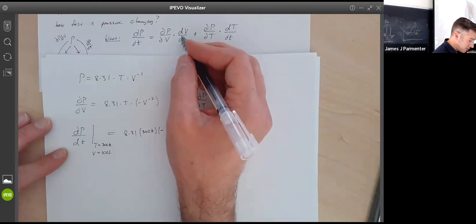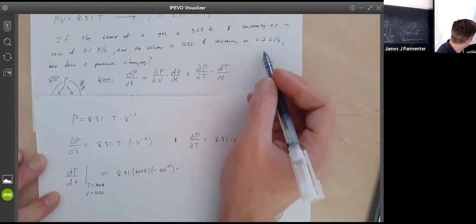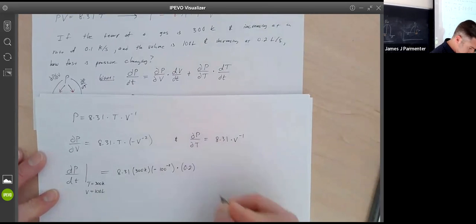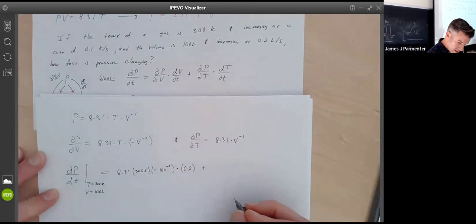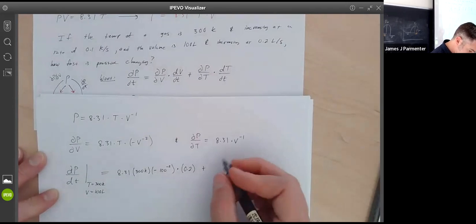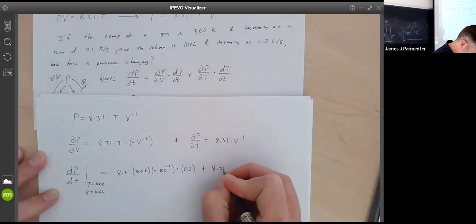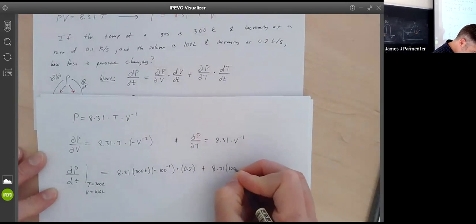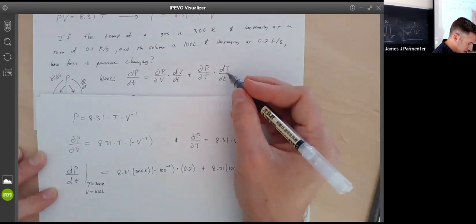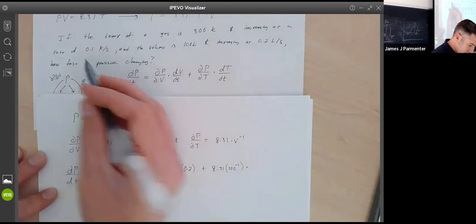We were told that the rate of change of volume is 0.2 liters per second. Plus, then I'm going to have my del P del T, which is 8.31 times volume to the -1 times dT dt, which is 0.1 kelvins per second.